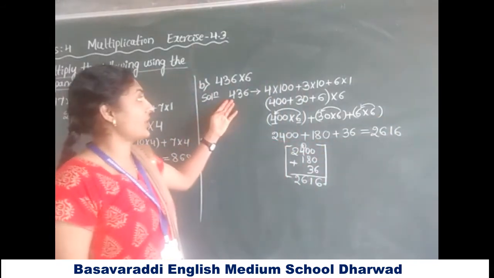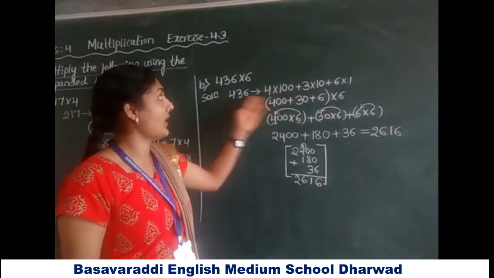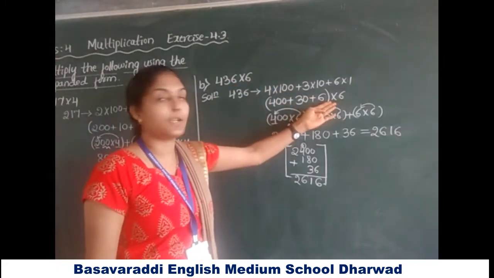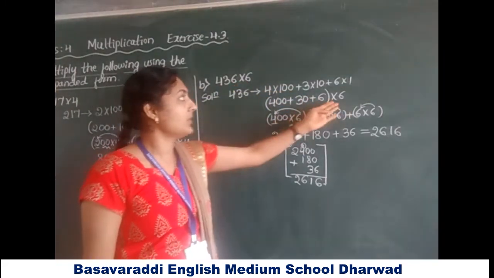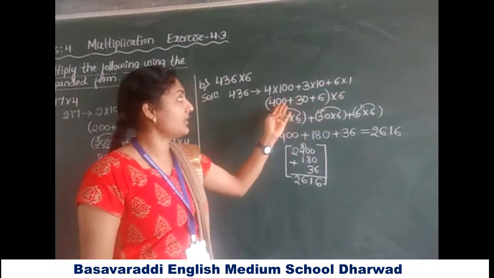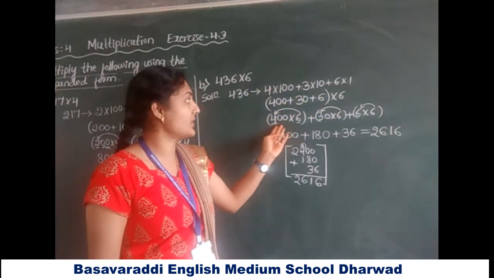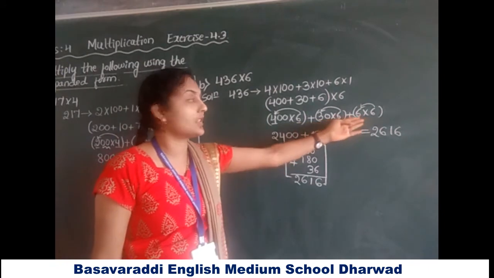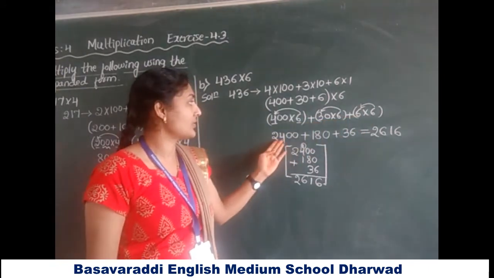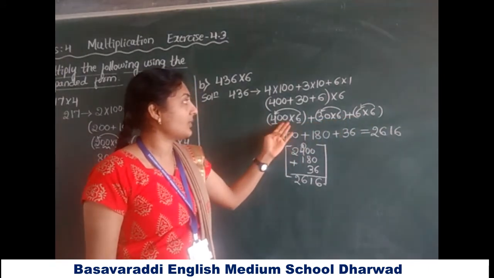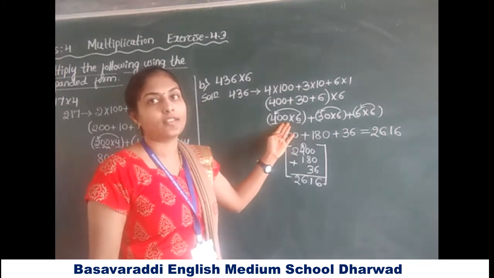Okay, what did we do? We wrote the 436 in the expanded form and wrote the multiplication by 6 there as it is, and by 6 we multiply each digit there. That is 400 into 6, 30 into 6, 6 into 6. The 2400 we get from the multiplication of the 400 and 6.